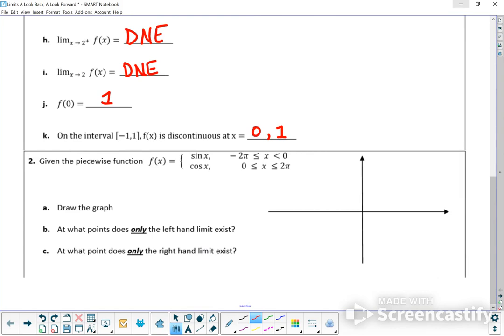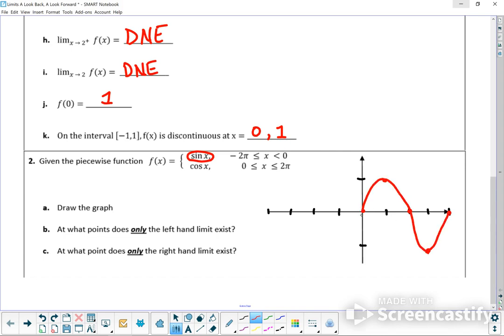Number 2 says, given this piecewise function, draw the graph. So remember, sine of x starts off at 0, and it's going to hit the top, middle, bottom, and then middle again, making this wave, this curve right here.